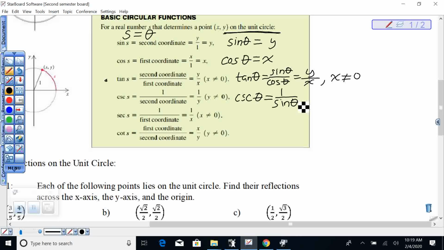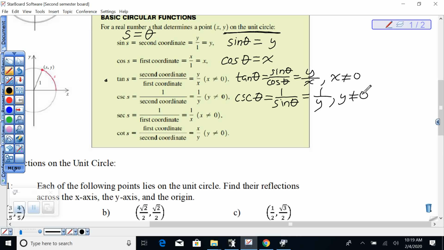We're going to decompose cosecant into terms of sine. I don't want to think about cosecant, I'd rather just think about sine. So that would be 1 over the sine of theta, which is your y coordinate, with one restriction: you cannot put a 0 in your denominator, so y cannot equal 0. And sometimes on your unit circle, your y equals 0, so sometimes your cosecant function will be undefined.